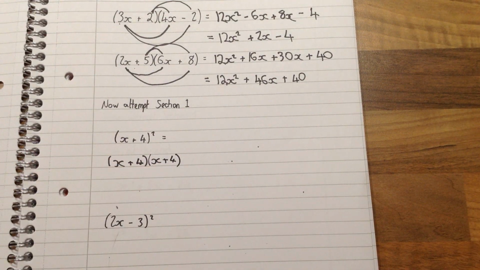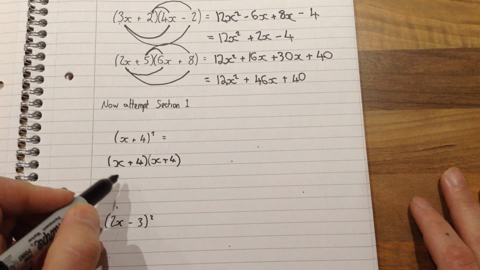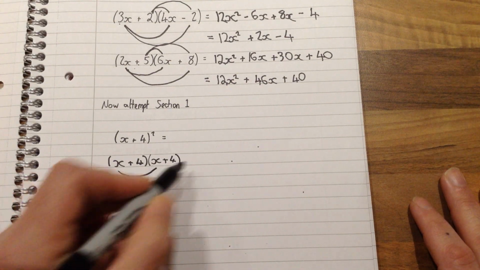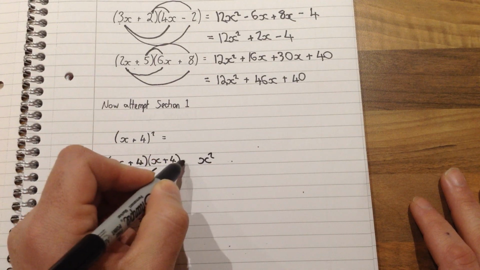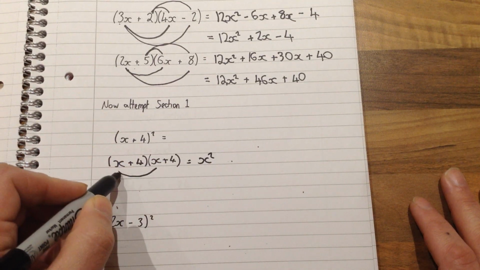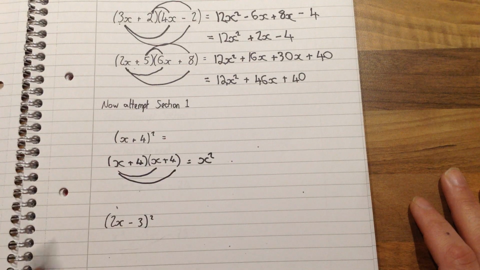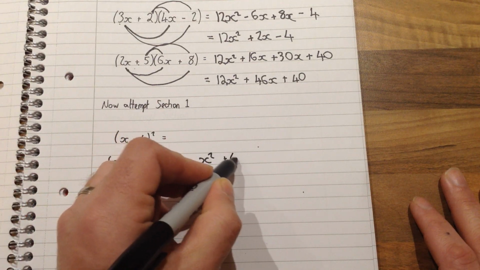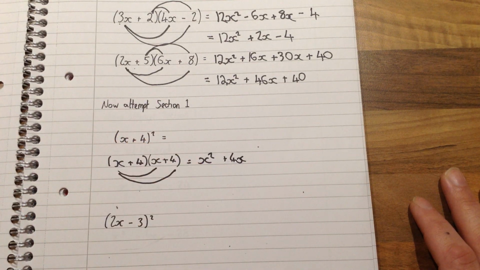At this point, we now do exactly what we've done with all the previous questions. So x times x gives us x squared, and x times plus 4 gives us plus 4x.